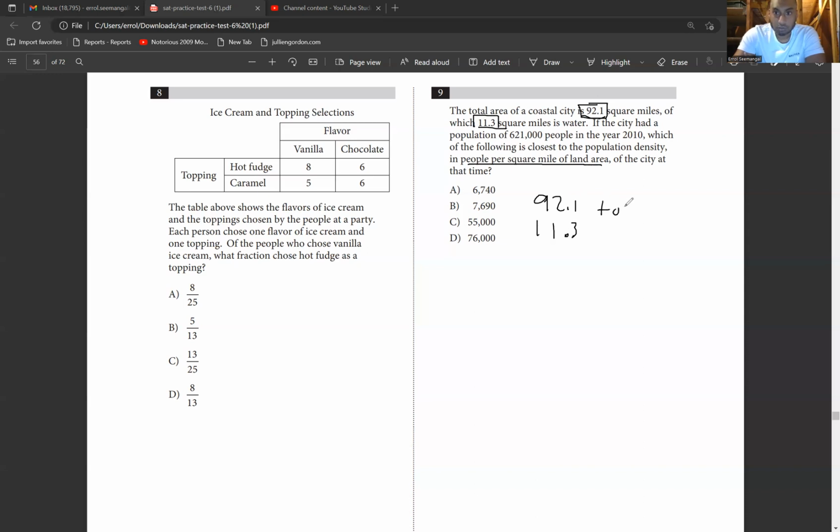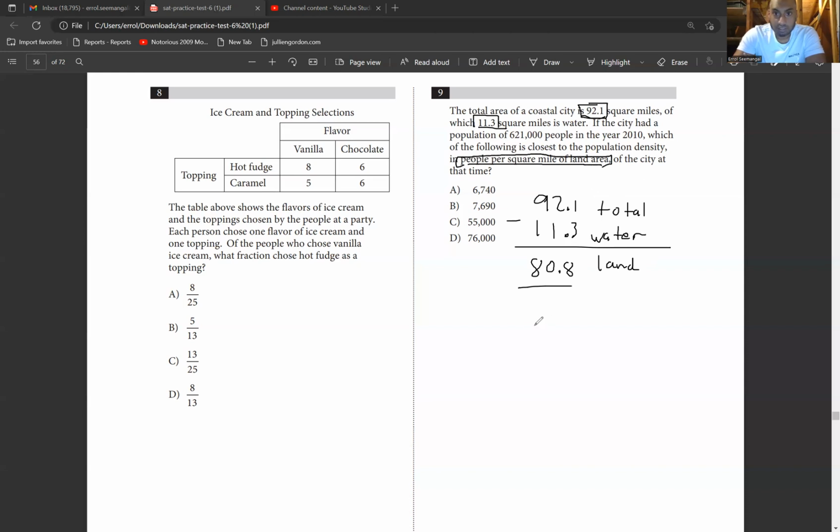So that's 80.8. Now take your land, and they want people per square mile of land.